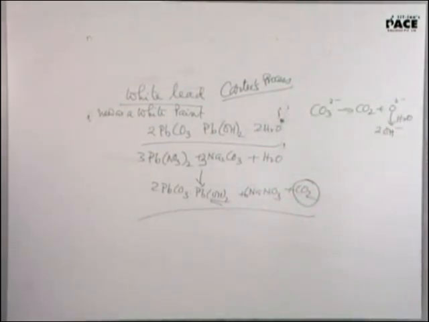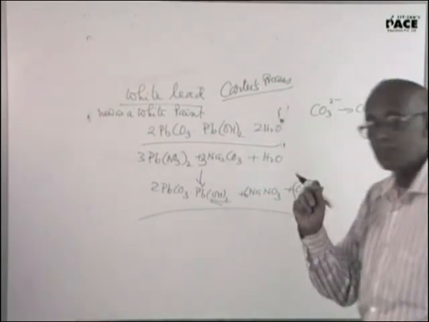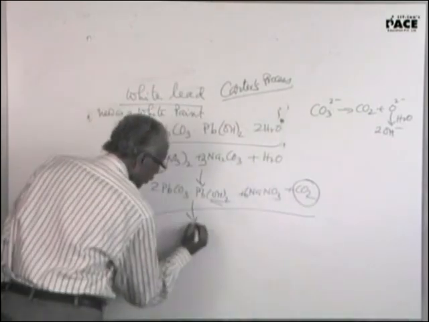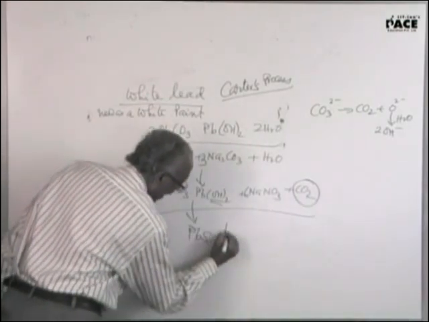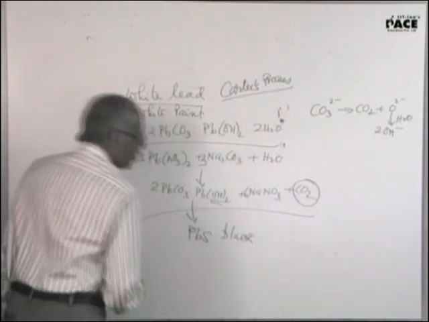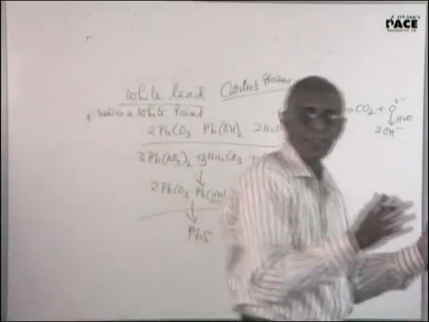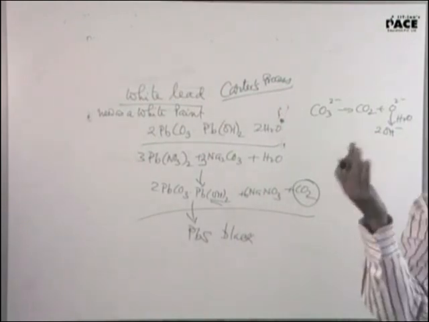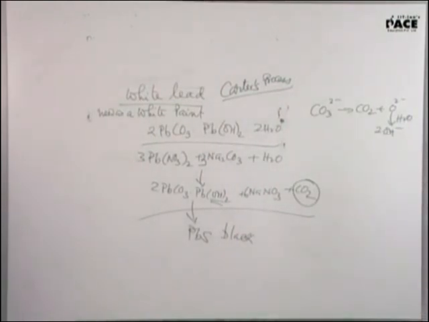Now, this is a white paint, but it suffers from a disadvantage: in the presence of H2S in the air, it converts into lead sulfide, which is black. So the white paint turns black because of H2S in the environment, and it will slowly change into black color.